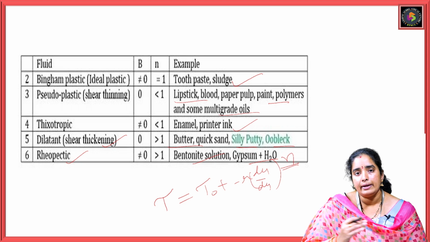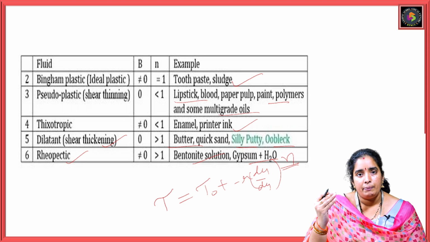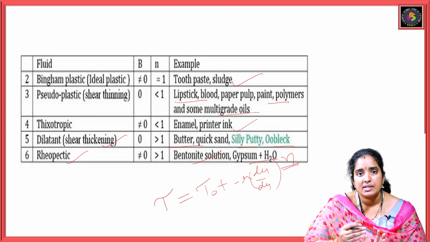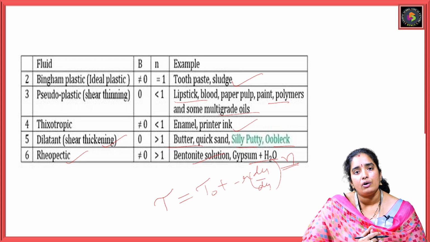Under non-Newtonian, again classification: time dependent and time independent. Under time independent, we have Bingham plastic, dilatant and pseudoplastic. And coming to time dependent flow, rheopectic and thixotropic. This is how you have to write, and the diagram is a must, where we represent a graph between tau versus du by dy, showing the pattern of the curves.